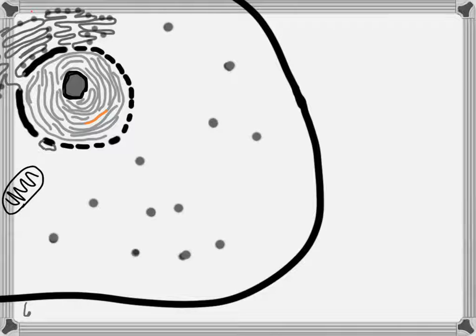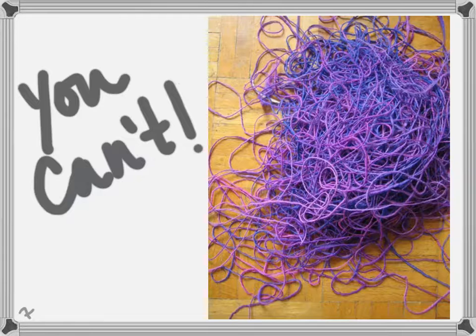A gene is a section of a strand of DNA, like that little orange highlighted section. The puzzle is, how do you get a long, tangly, stringy molecule like that out of the nucleus to build the protein for just a single gene without creating a hopeless mess? Oh, that's easy. You can't. Oh.